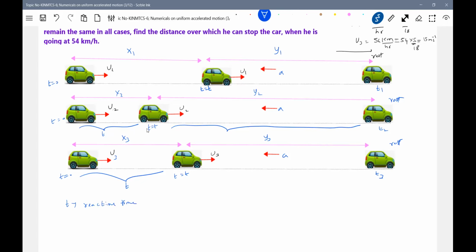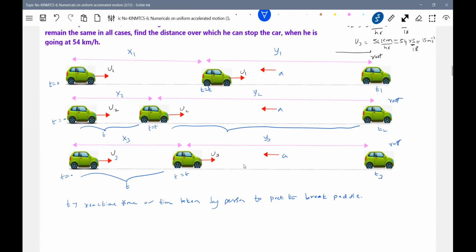Reaction time, or time taken by the person to press the brake pedal. What are T1, T2, T3? They are the retardation times in the various situations.